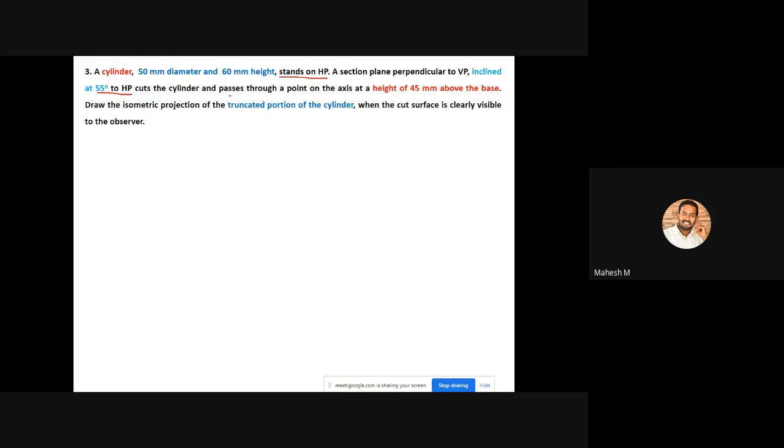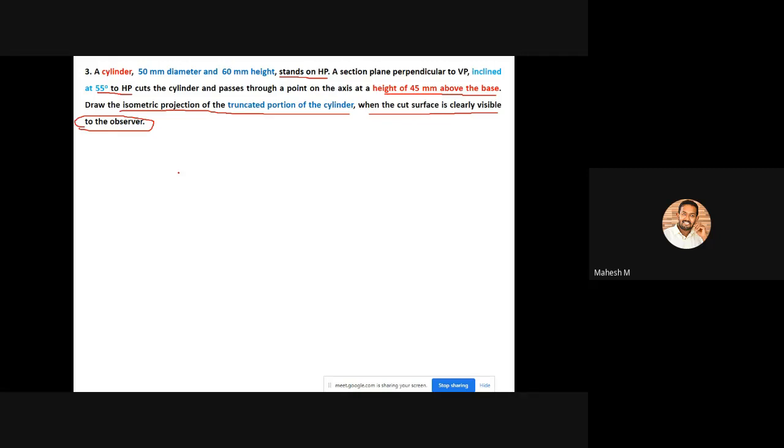It cuts the cylinder and passes through a point on the axis at a height of 45 mm above the base. So we have the point distance also. Draw the isometric projection of the truncated portion of the cylinder when the cut section is clearly visible to the observer. So look at the words, it should be clearly visible to the observer.